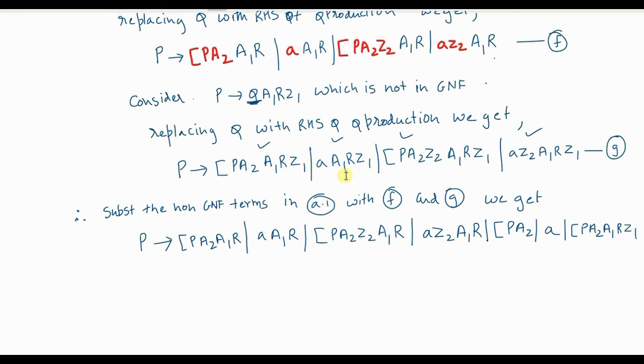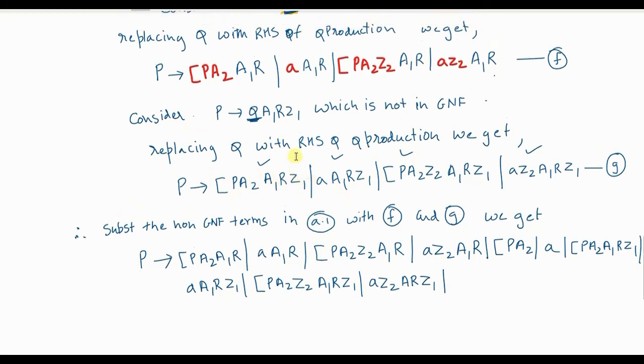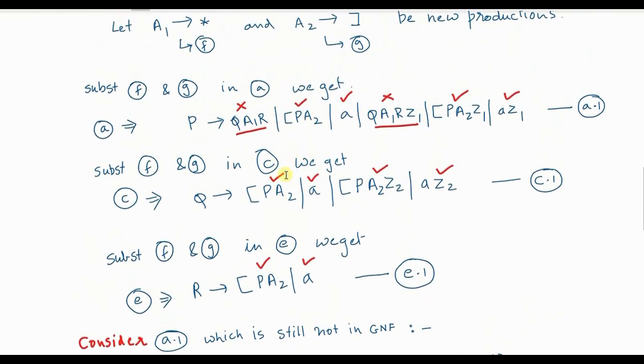I don't have space, so I will continue writing down here. The next term is A1 R Z1, bracket PA2 Z2 A1 R Z1, AZ2 A1 R Z1.